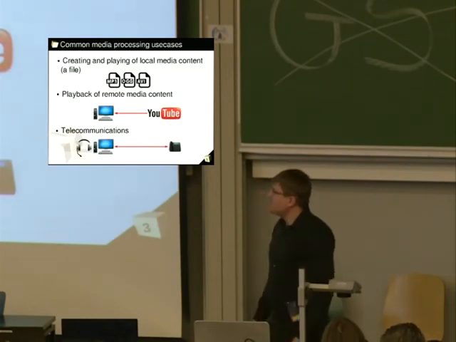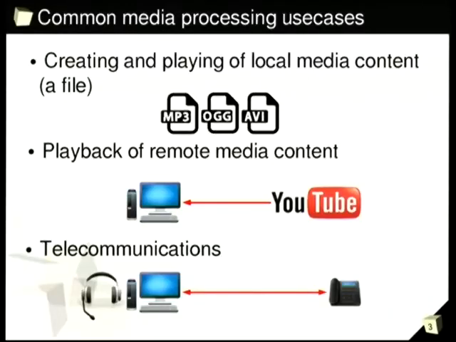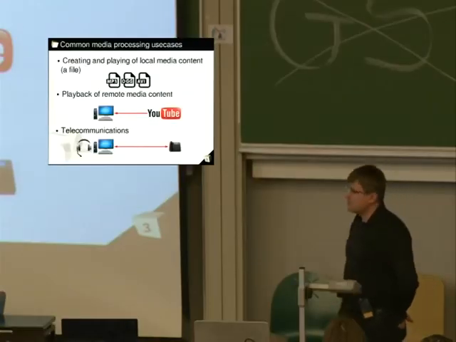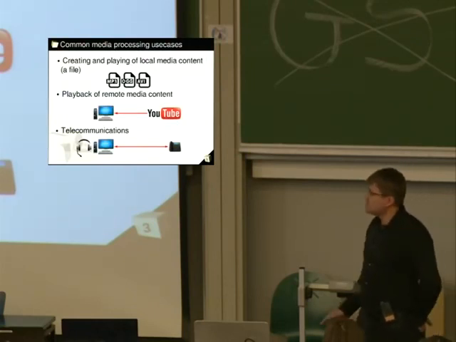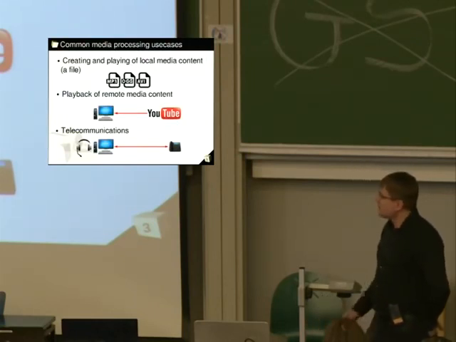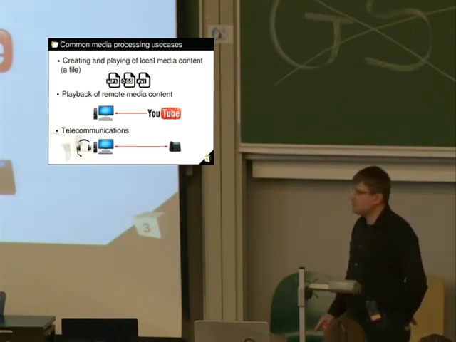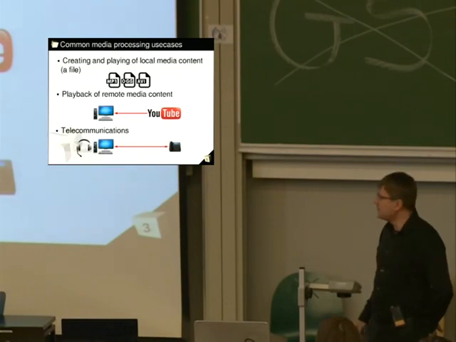We will be talking about media processing in virtual desktop environments and how to optimize them. First of all, we want to identify what we are talking about: use cases for media processing. First of all, it is creating and playing of local media content. The second kind of use case is remote media content, like a user playing a video from YouTube.